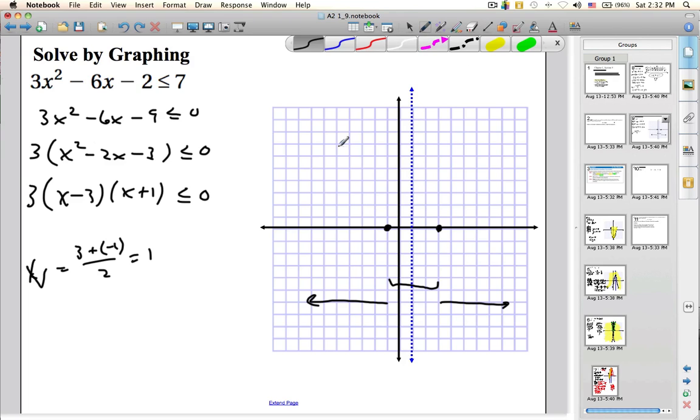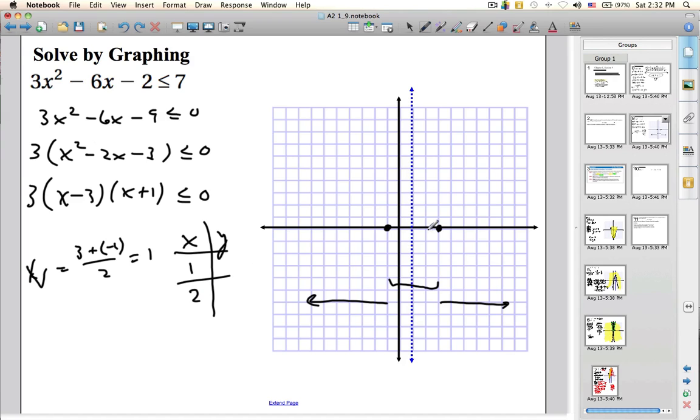Then when I do an input-output table, I'm going to go ahead and do 1 and 2 to find the vertex and a point in between here. When I plug 1 in, 1 minus 3 is negative 2. So I'll have 3 times negative 2. And 1 plus 1 is 2, less than or equal to 0.